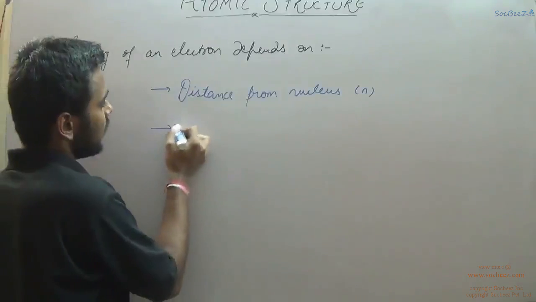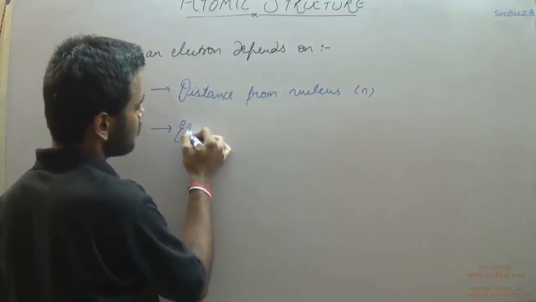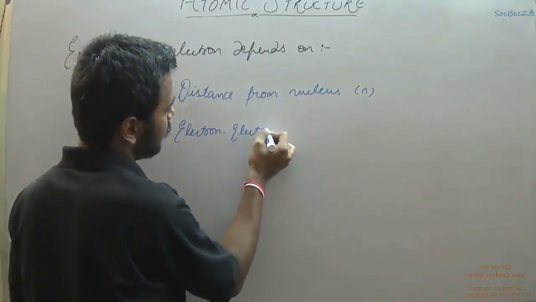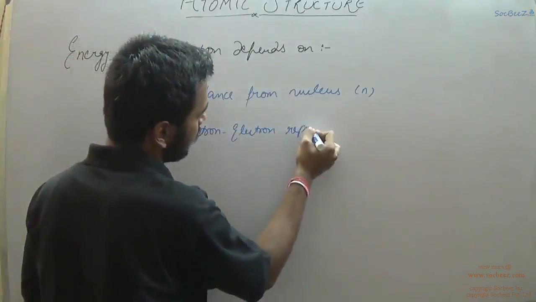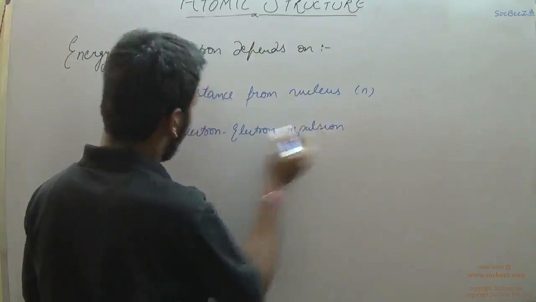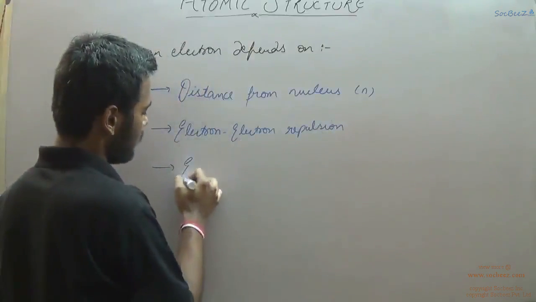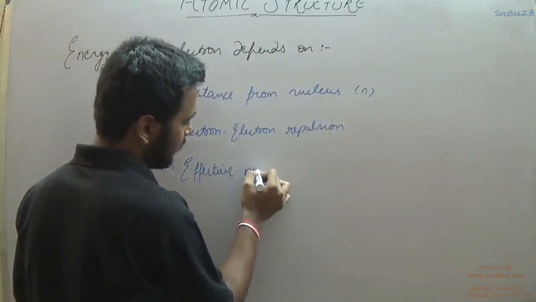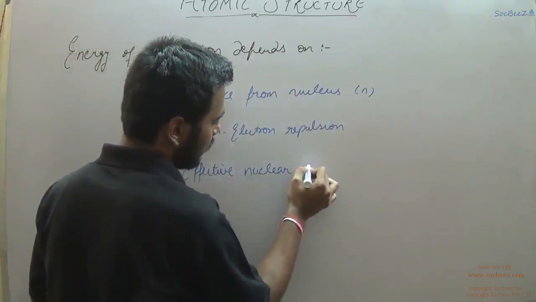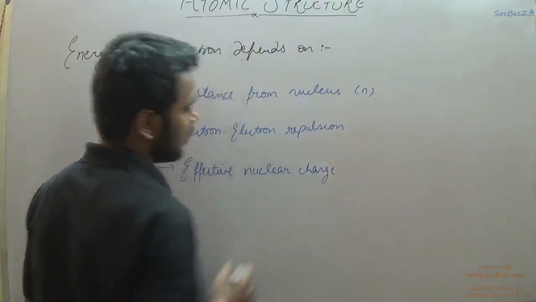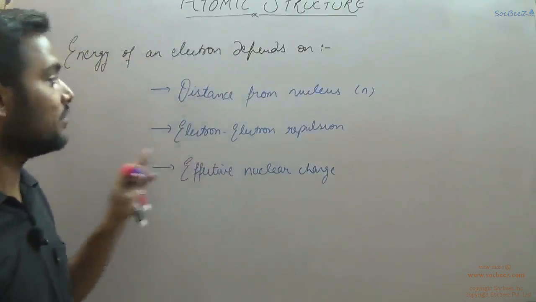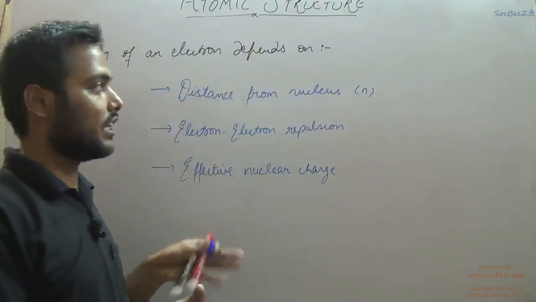It also depends on electron repulsion, and also on effective nuclear charge. Although we have discussed how the energy of an electron varies with distance in Bohr's model, what is this effective nuclear charge?